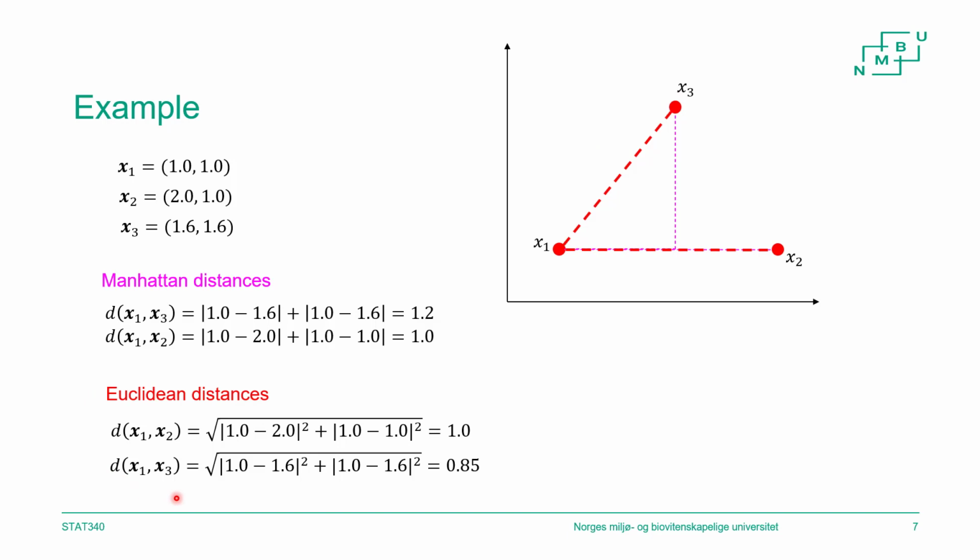But if we change to this way of measuring distance, it's actually x1 and x3 that are closest to each other, and this one is further away. So it's not irrelevant. The way you choose your distance metric has some impact on the outcome. So make up your mind, how should I measure distances now?